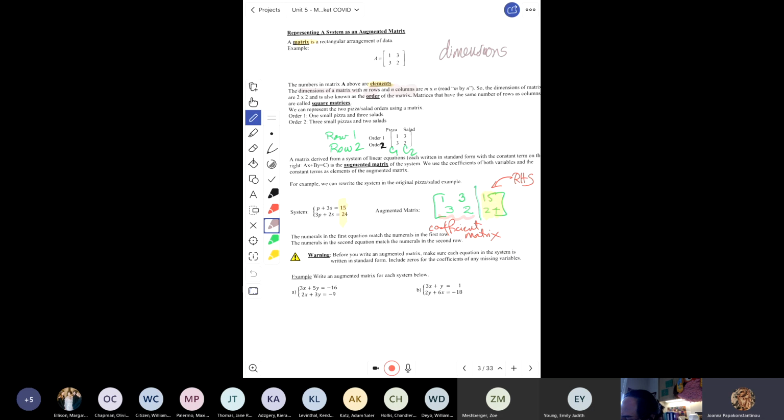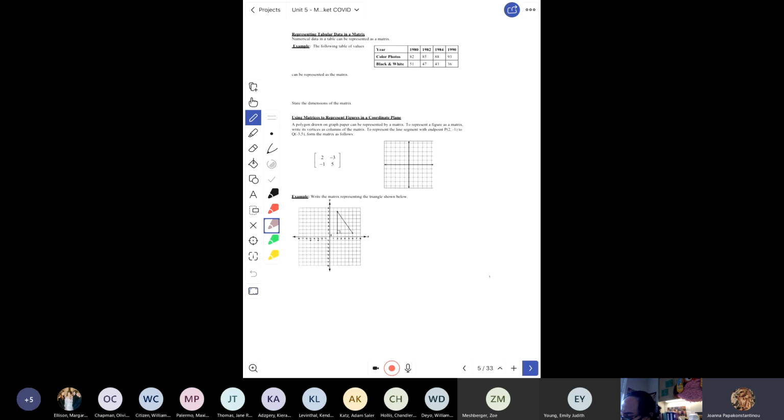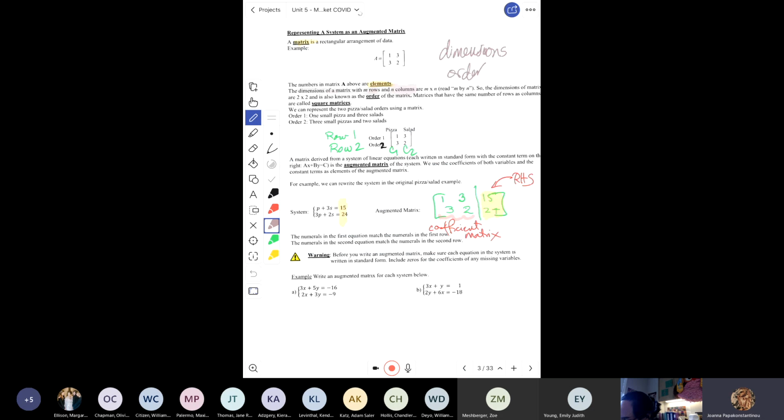The order of your matrix is the number of rows by the number of columns, and it's written R cross C. How many rows does this have? 2. How many columns does it have? 2. So since the number of rows equals the number of columns, we would classify this as a square matrix.